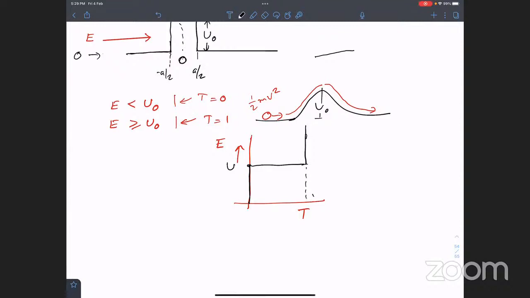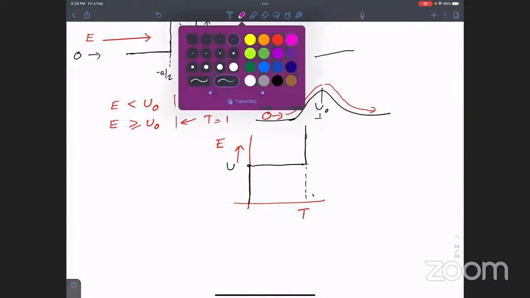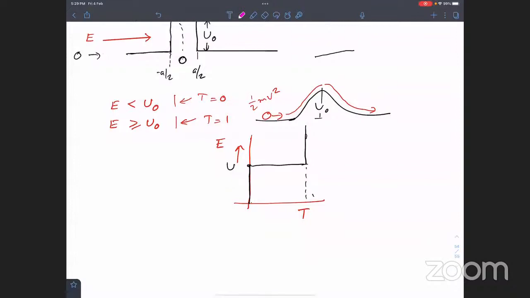Now, when we do the quantum mechanics, I'll tell you what actually happens. We get some very strange feature like this. It will not go above 1. When we do the transmission quantum mechanically, it will do something like that.